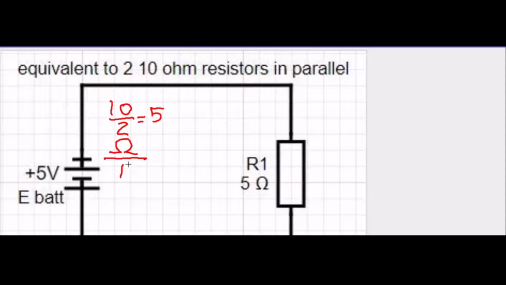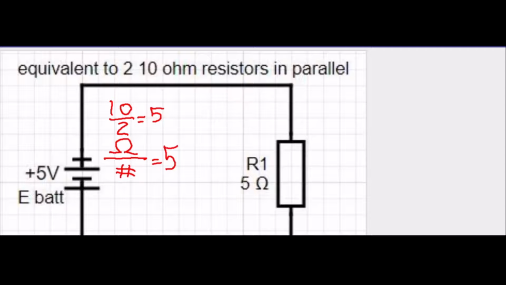And we have the number of the resistors, and that will give us the equivalent. So 10 divided by 2 equals 5. We have 10 ohm resistors divided by 2 of them, and we come up with 5.